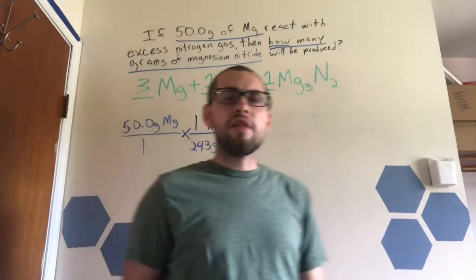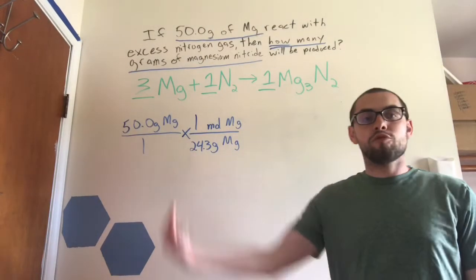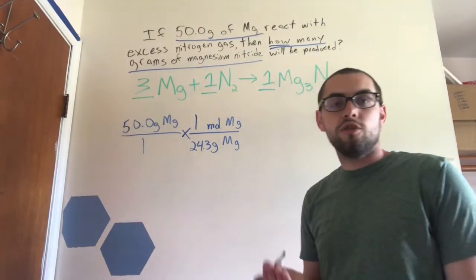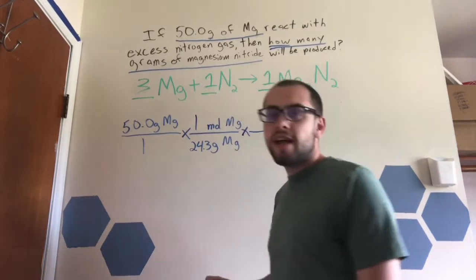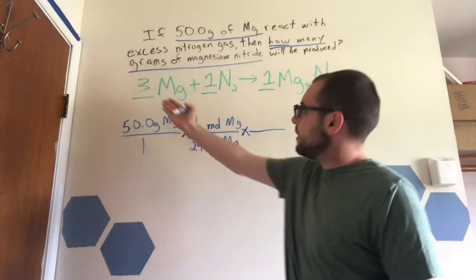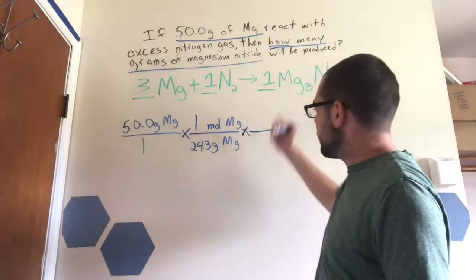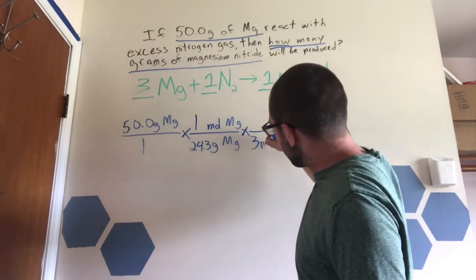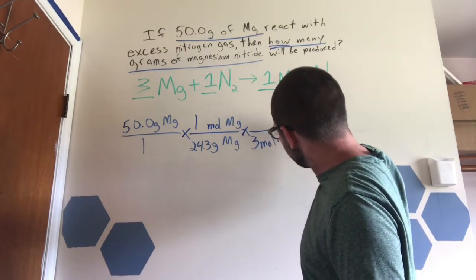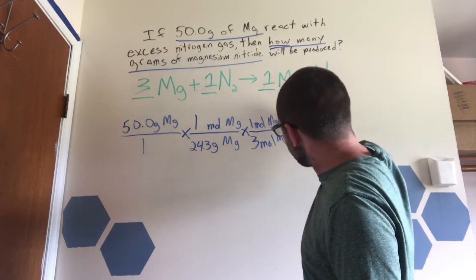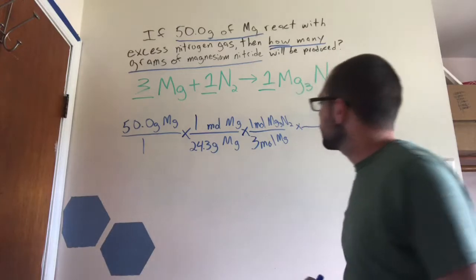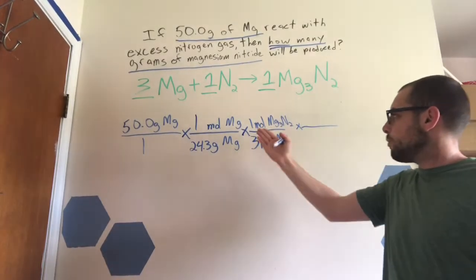Now that I'm working with moles, I'm ready to go over the bridge. I can do the mole bridge now. And remember, we worked out that mole bridge earlier. It's 3 to 1. For every 3 moles of magnesium, I'll produce 1 mole of magnesium nitride. 3 to 1.